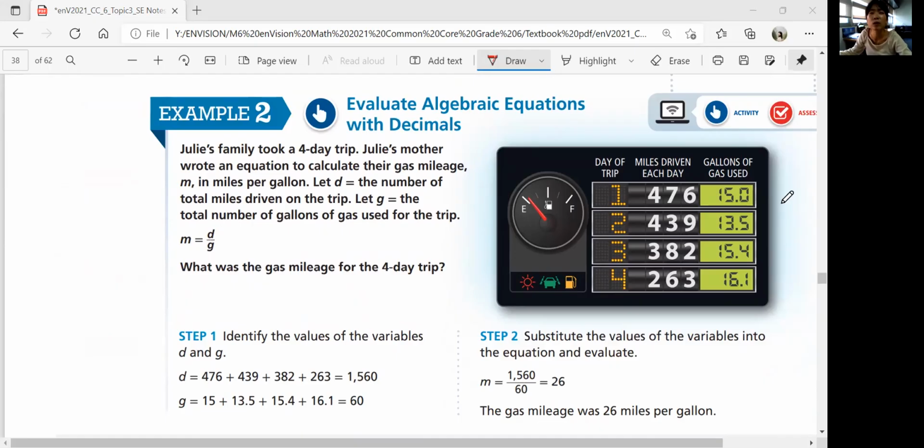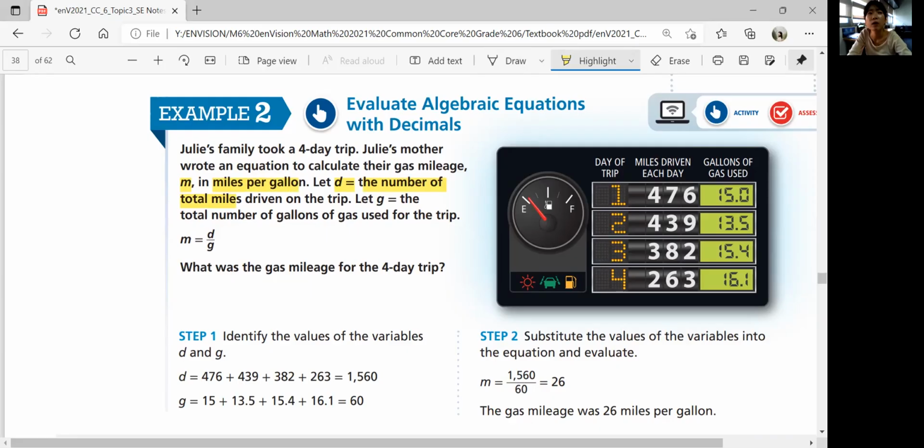Now we have more than one variable, right? So M, what was M again? M is miles per gallon. D is the number of total miles driven on the trip, how many miles they went.